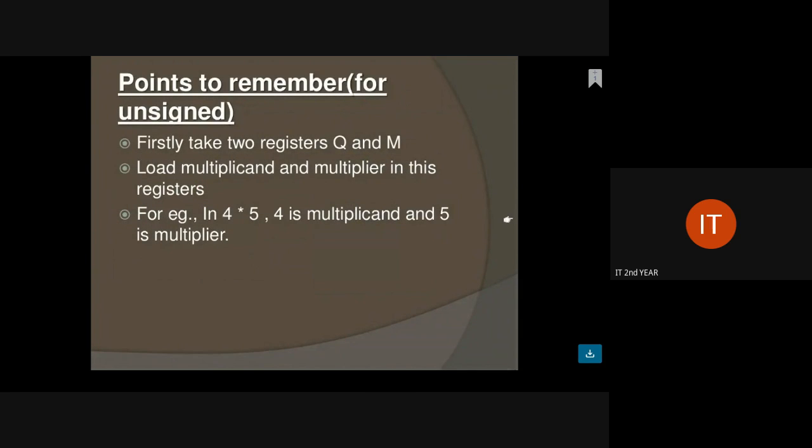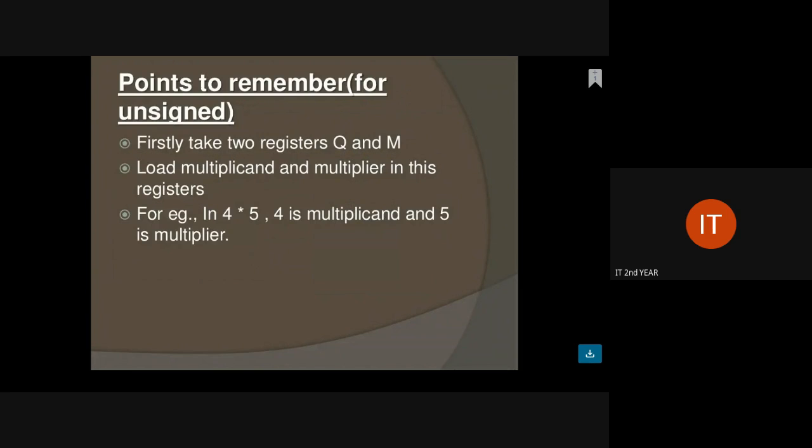The following points are to be remembered while doing signed or unsigned multiplication. Firstly, we shall see unsigned multiplication using Booth. First, we have to take two registers. Registers, we already know, are small storage devices that can store one bit of data at a time.